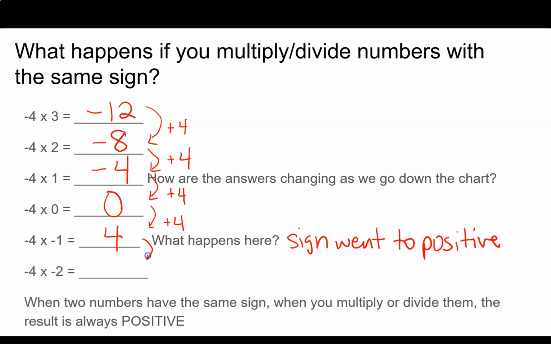And if I continue this pattern, my answer to negative 4 times negative 2 should be 4 more than what we had for negative 4 times negative 1. So negative 4 times negative 2 is positive 8. So what we are doing with this chart is looking at this rule: when two numbers have the same sign, when you multiply or divide them, your result will always be positive.